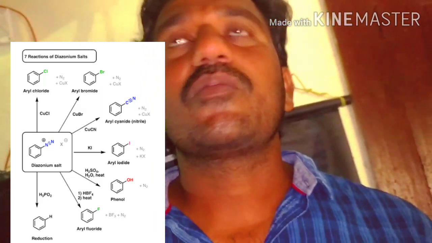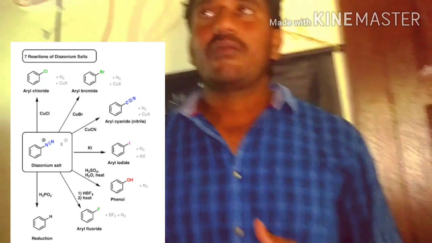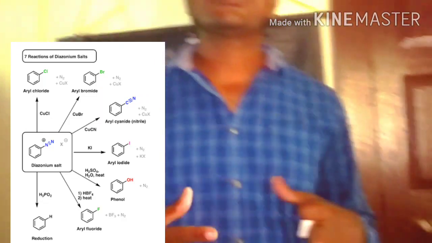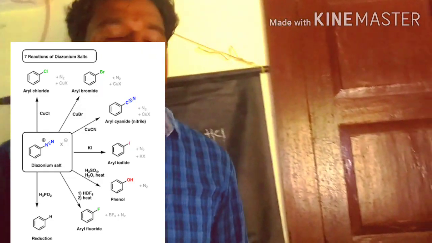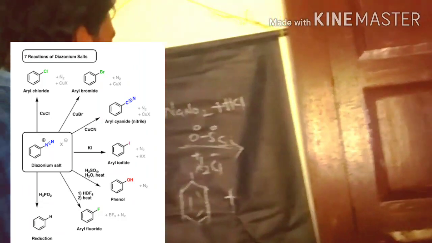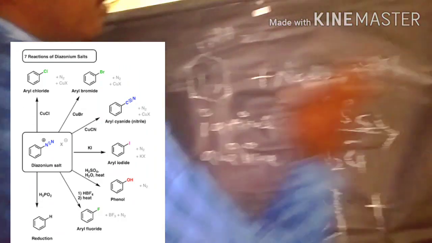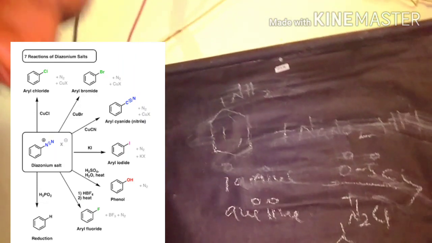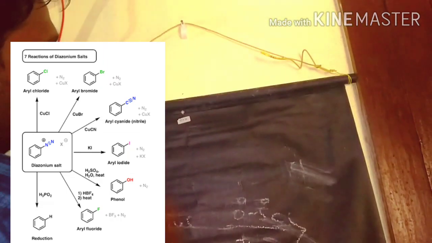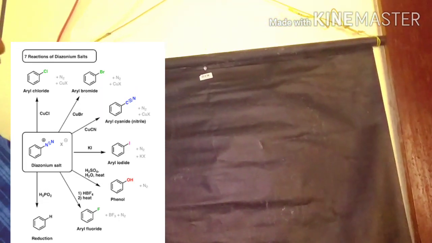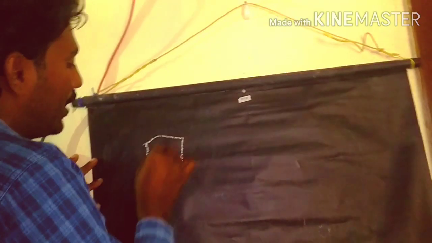Now we discuss some of the chemical properties of aryl diazonium salts, which we also consider as preparations of aromatic compounds. Let's start with a simple example, the aryl diazonium salt.